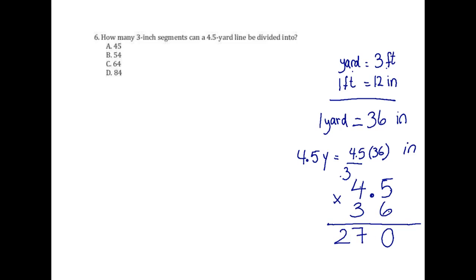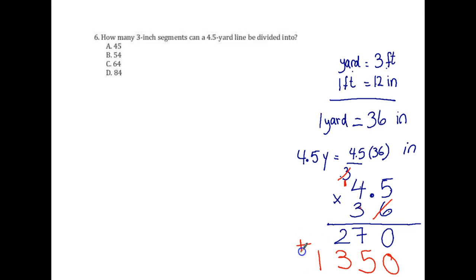And we always put the 0 here, and you cross out the 6, you don't care about the 6 anymore. Then you do this 3 times 5 is 15, 5 and carry up 1. 3 times 4 is 12, plus 1 is 13.